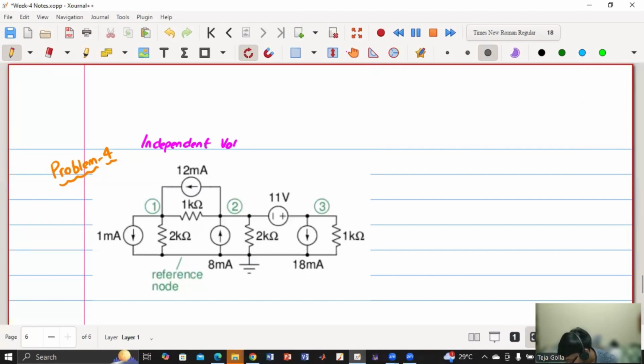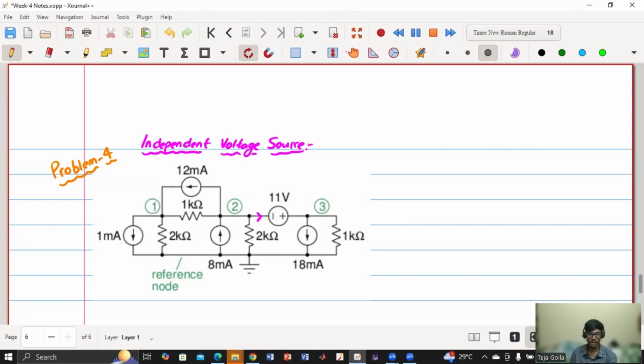So what is the issue with the independent voltage source? The issue with the independent voltage source is we cannot get the current flowing through it, because if I ask you what is the current through this, I cannot say, because I cannot write this current is equal to conductance into the voltage difference. I know the voltage difference between 2 and 3, but how am I going to get the conductance? Conductance is how much? Infinite, because resistance is 0.